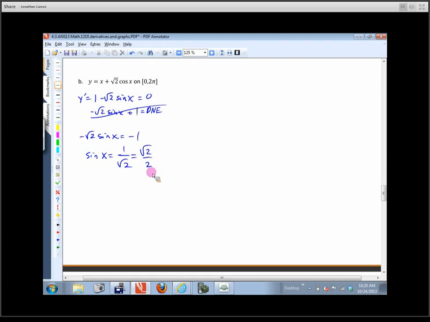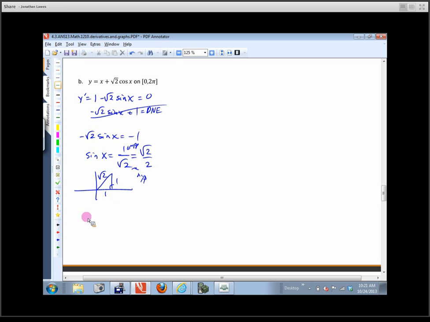That should be something that you recognize. If you don't, you can always do this. This is the opposite side, and this right here is the hypotenuse. So the opposite is 1, and the hypotenuse is radical 2. If you wanted to take the time to go through the Pythagorean theorem, guess what this side is? It's 1 also.